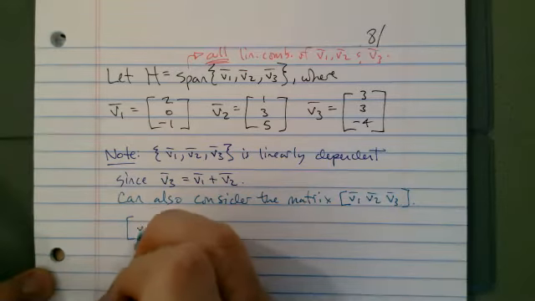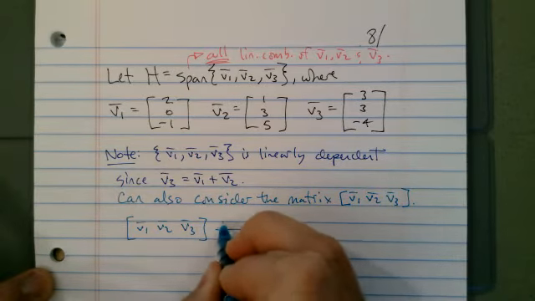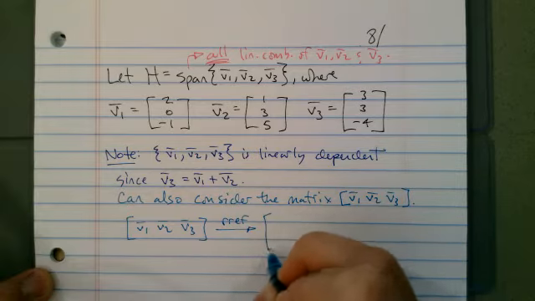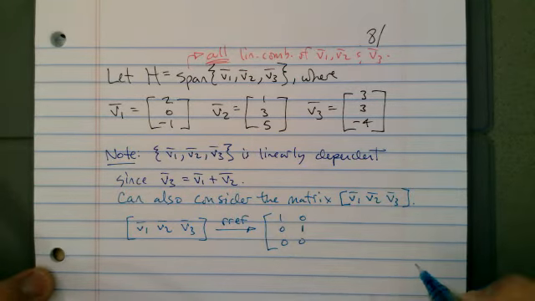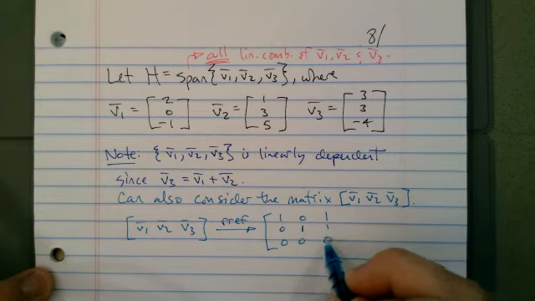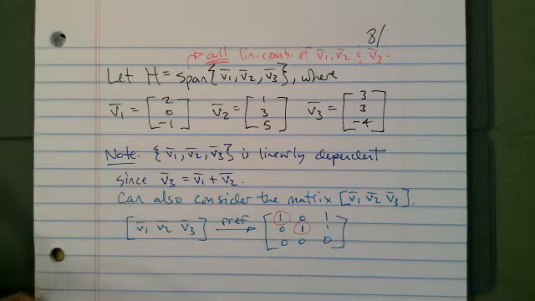So the matrix V1, V2, V3, if I find the reduced row echelon form, I know the first two vectors are going to be independent, but the last one is just a sum of the first two. So I do not have a pivot in every column. This set of vectors is linearly dependent.